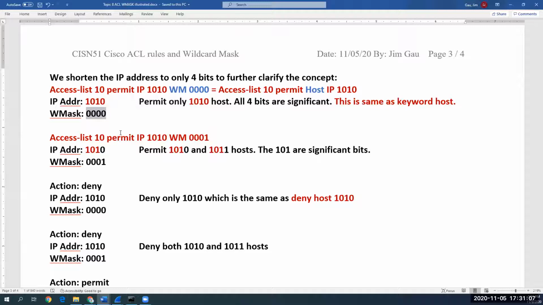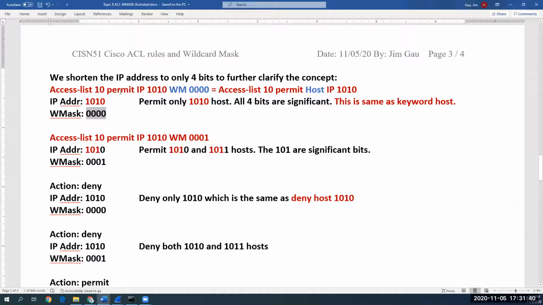Now, if the gatekeepers that host a card with the rules say access list, permit 1010, and then WM 0000, then only the person who has the invitation card that is listed as 1010, it will be permitted.